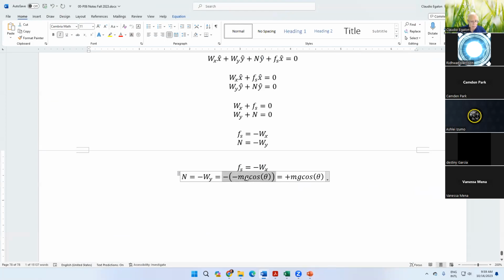It's similar to what we have here; the only difference is that the cosine must be replaced by sine. And I'm going to emphasize that this force of static friction is along the positive direction.